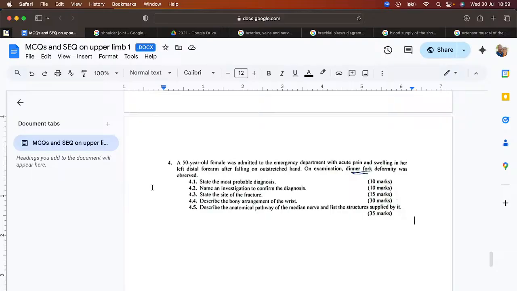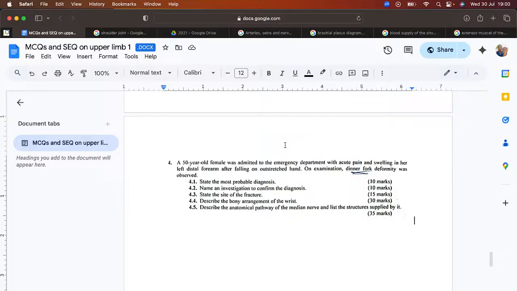Usually they will only give you the first clue, which is that the patient has fallen on an outstretched hand. That clue in itself should give you an idea of what this person has. So this is going to be a Colles fracture. When it comes to the wrist, there are two fractures: Colles fracture and Smith's fracture.